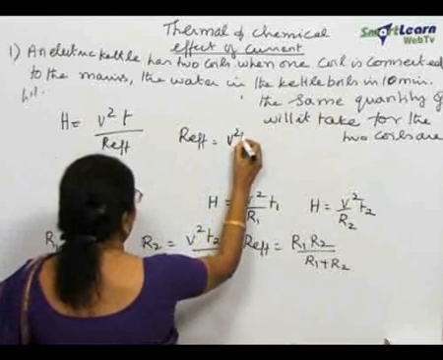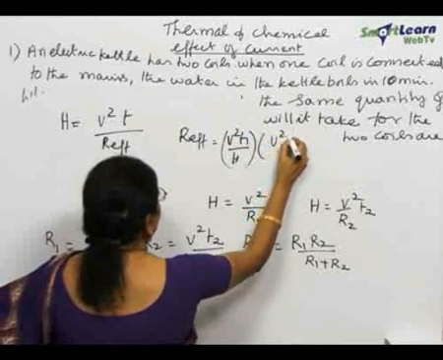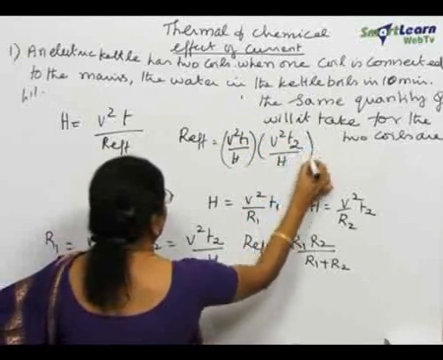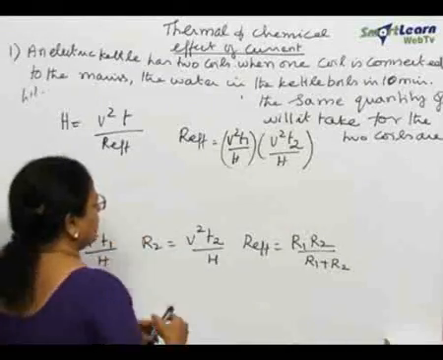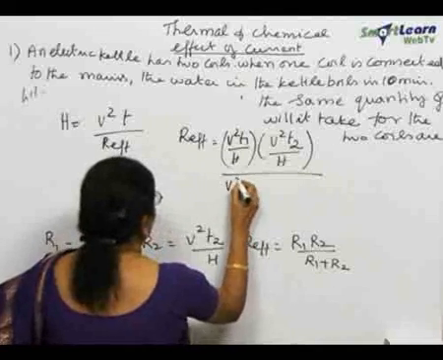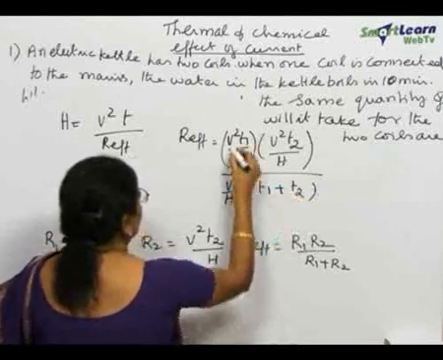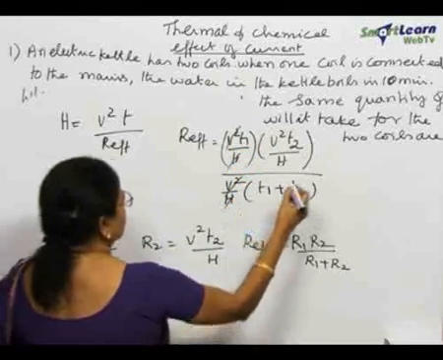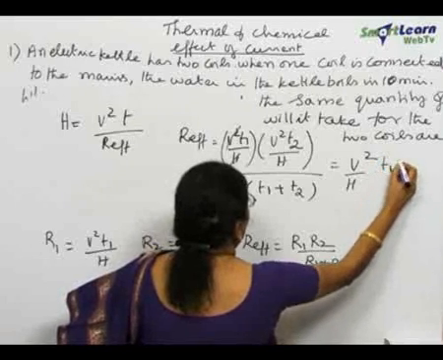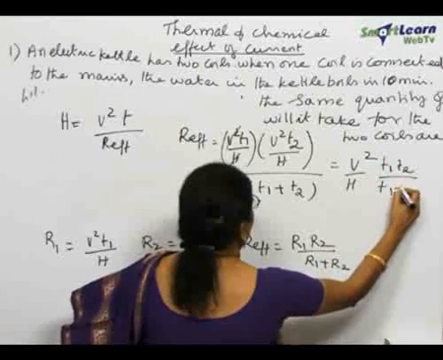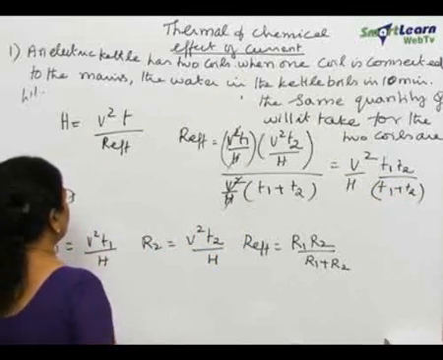So, V squared T1 by H into V squared T2 by H, divided by R1 plus R2, that is V squared by H into T1 plus T2. We can cancel one V squared by H. So, this becomes V squared by H into T1 T2 by T1 plus T2. This is the simplification for R effective.